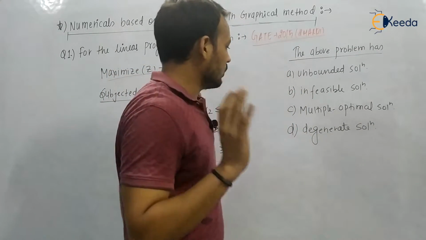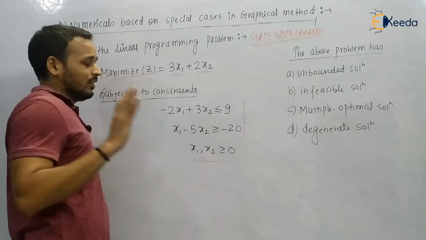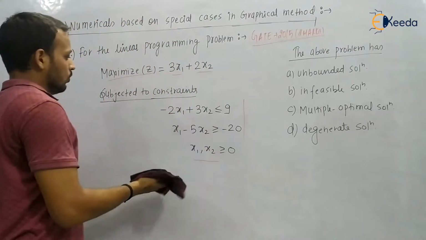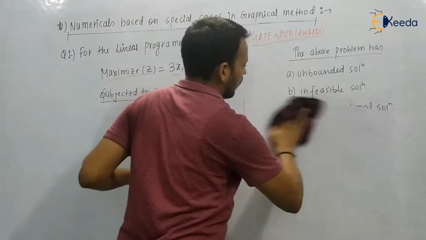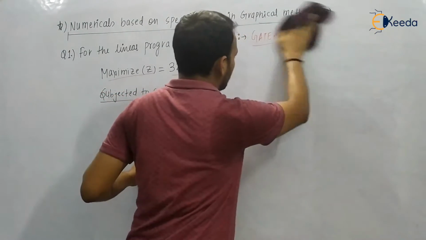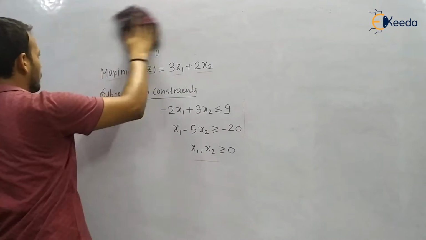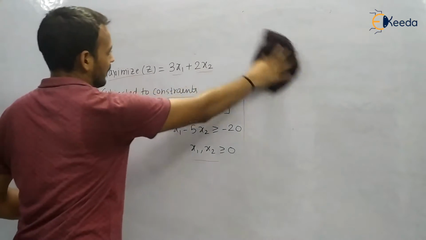So what you have to do is first plot the graph. For plotting the graph, we are going to plot the constraints.